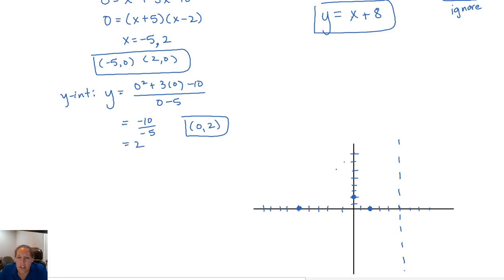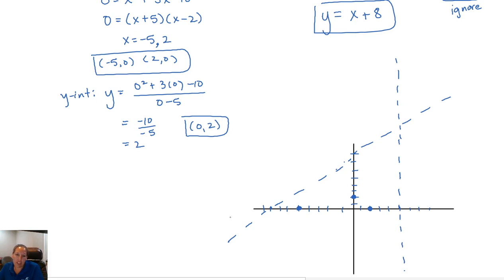It's going to have an x-intercept. Let's see, if we plug in y equals 0, our x is going to be negative 8. So it's going to go through our oblique asymptote. It's going to look something like that. I didn't make my graph quite big enough to see everything.